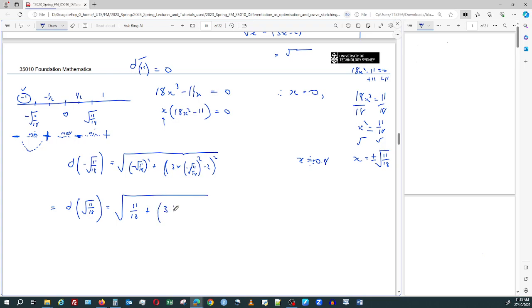Just noticing the 11, 18s squared gets rid of the square root sign.